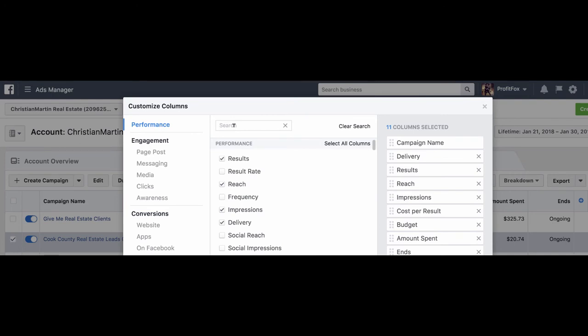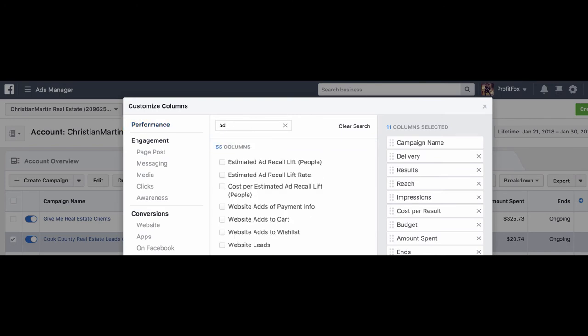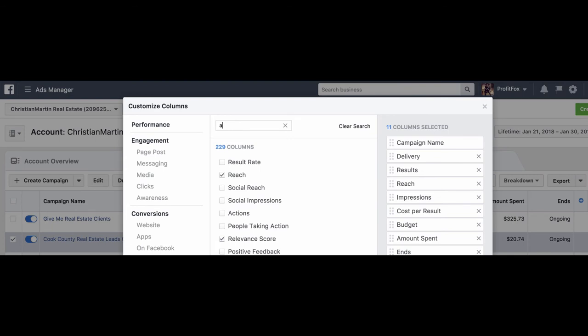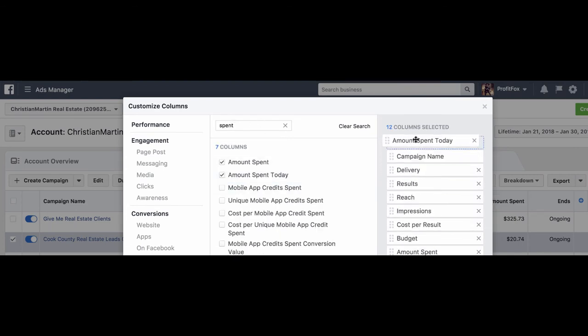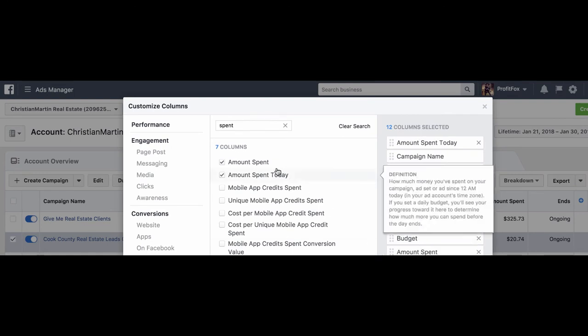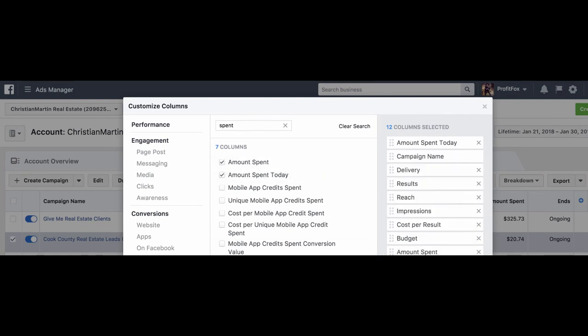You can search for the KPIs you're looking for, or you can find them on the left-hand side down here. Now, I mentioned we want to include ad spend. So we'll search for spent. And you can do amount spent today and also amount spent so that you have those numbers there.